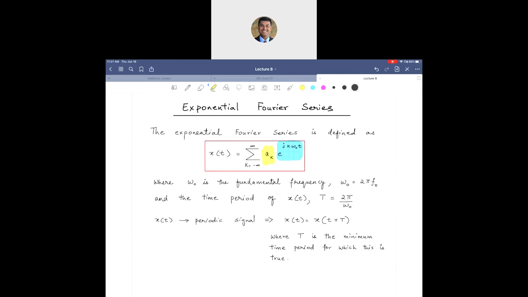So we can call a k the magnitude of the kth harmonic, and the kth harmonic will be k omega naught, where k is an integer that goes between negative infinity and infinity. So you can express a signal x of t by adding up a bunch of scaled complex exponentials. That is referred to as the exponential Fourier series.